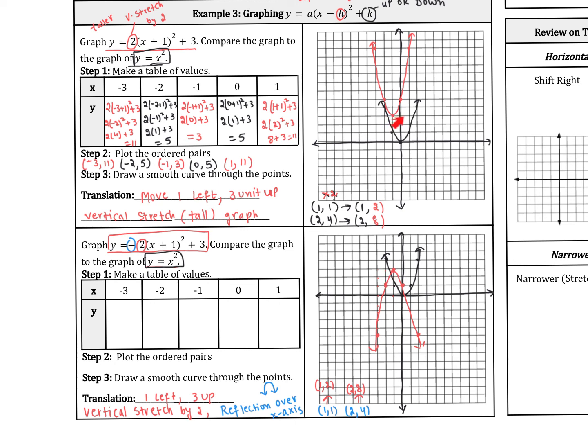It's moved 1 over, 2 up, 2 over, 8 up. Same thing: 1 over, 2 down, 2 over, 8 down. The only difference is that this one is facing up and this one is negative, so it is going to face down.